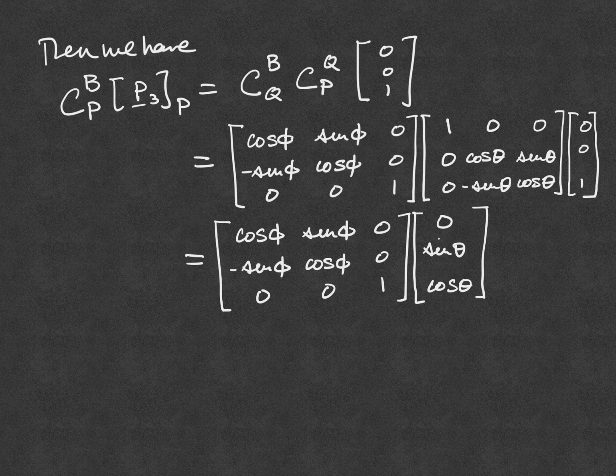So then that in turn is equal to sine of phi sine of theta, then cosine of phi sine of theta, and then cosine of theta.